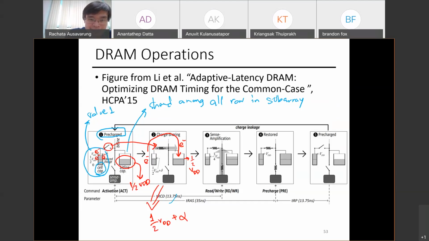The alpha value comes from this capacitor, so that the bit line capacitor is now greater than half VDD. Everyone is with me so far? Basically, you close one gate, everything shares the charges, and they should have the same voltage. The same voltage should be greater than half VDD because my capacitor is greater than half VDD. Next step, are you guys with me so far? Or are you totally lost now?